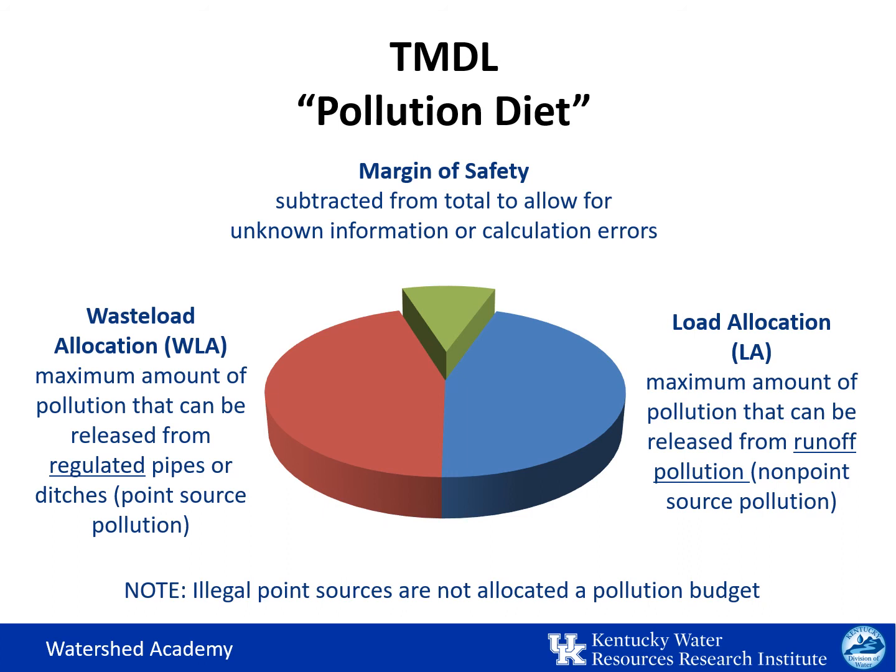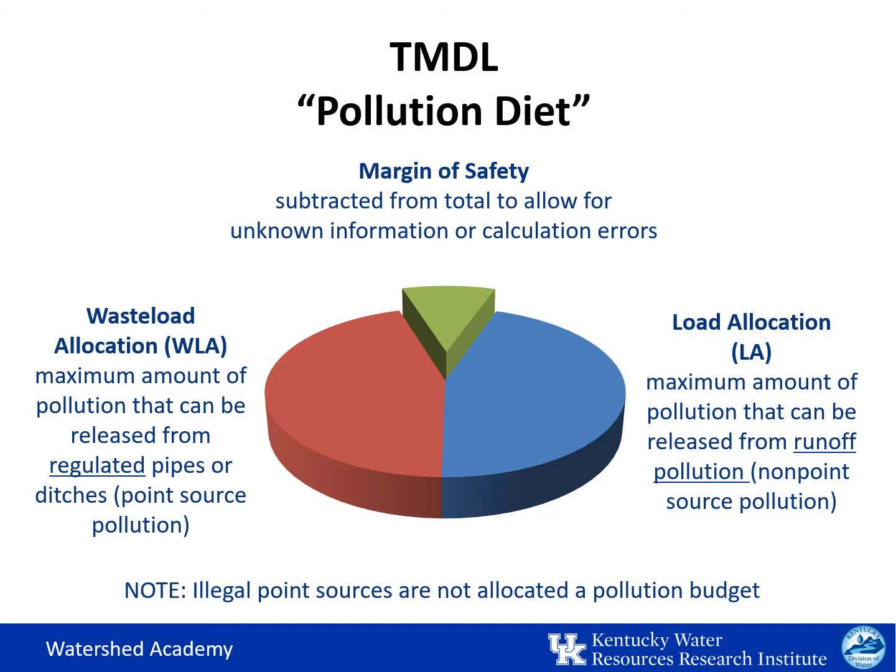Restrictions are also recommended for reducing load allocation or LA contributions from non-point sources or runoff. These sources could be wildlife or agriculture or other sources. An additional margin of safety or MOS acts as a buffer to ensure that the designated use conditions are met.